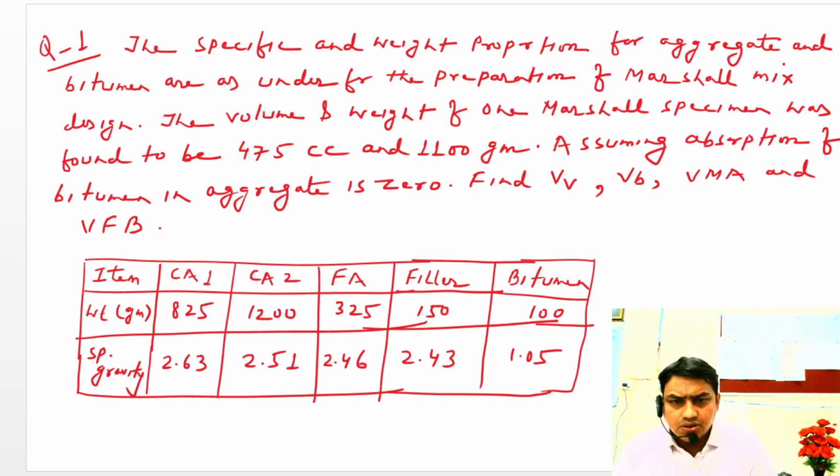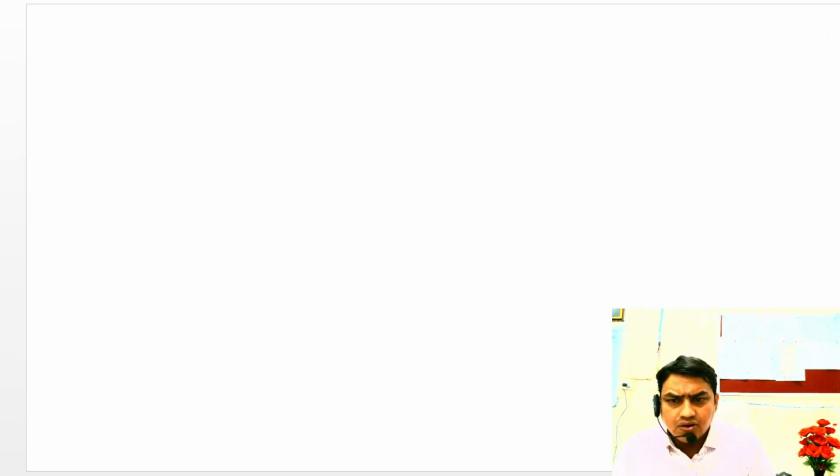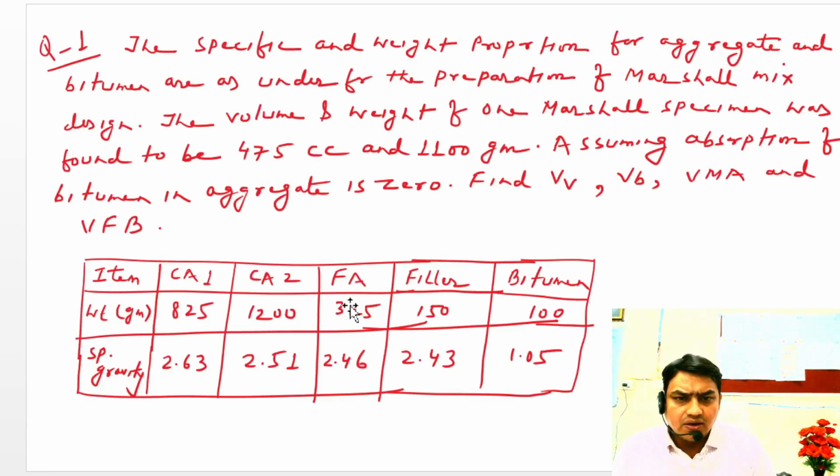to solve the question. So coarse aggregate 1, coarse aggregate 2, fine aggregate, filler and bitumen, and the weight is given in gram and specific gravity is also given.